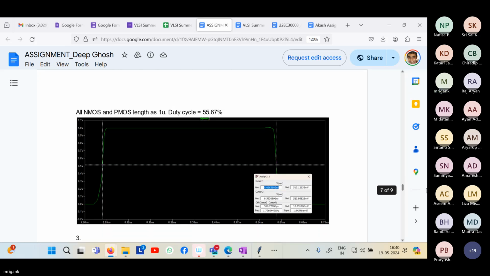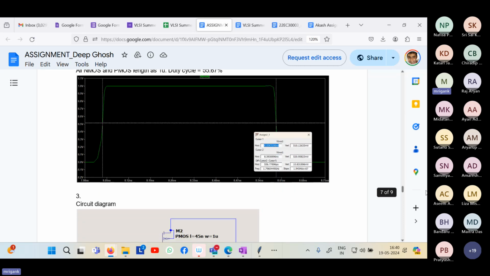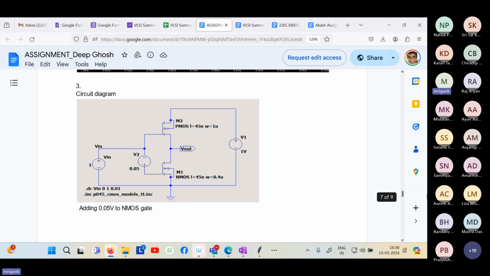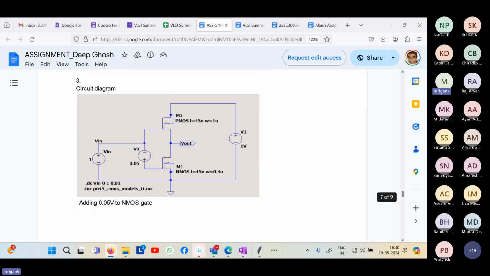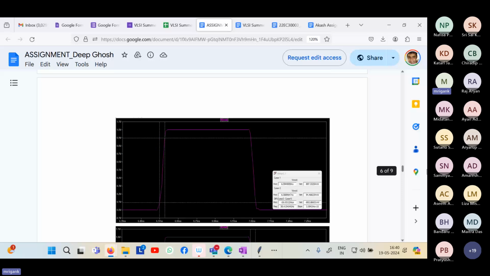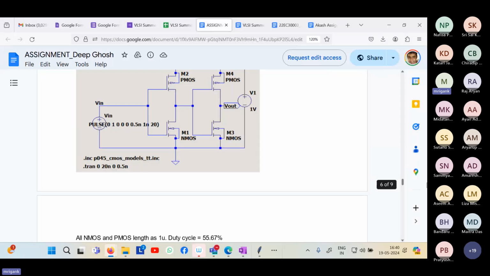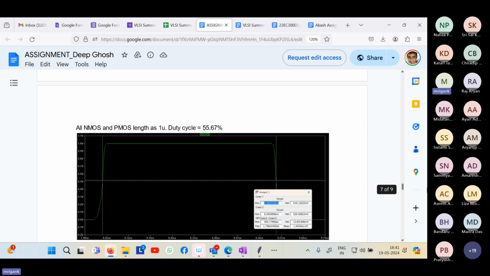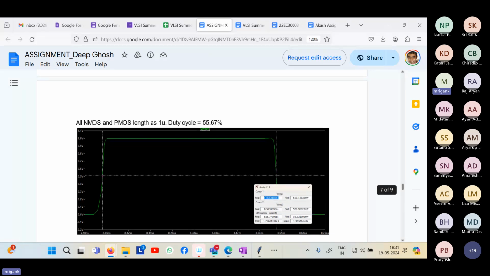So NMOS duty cycle is 25%. And I don't know, this is single inverter. And here there is no comparison of different cases. So I'm not sure what is this result. So I had asked to compare. He has just done it for one case and showing the rise, duty cycle. So again, this is not complete.